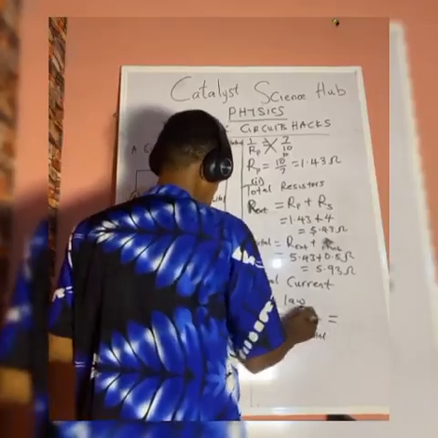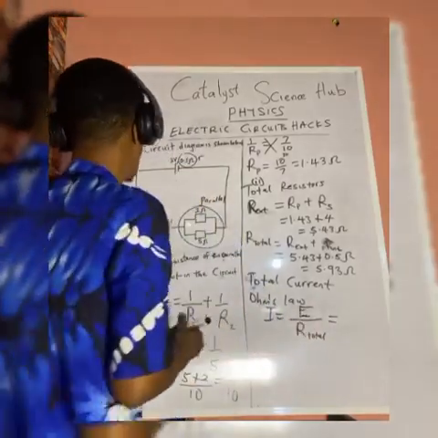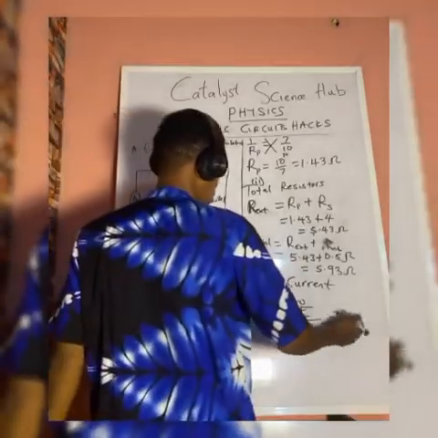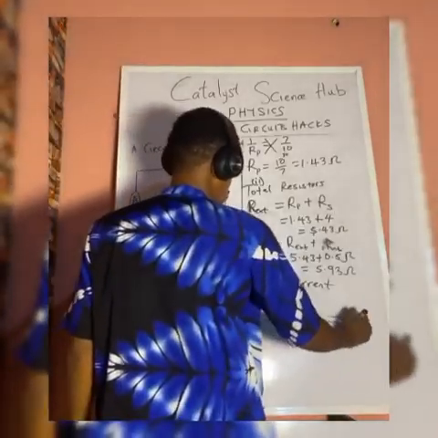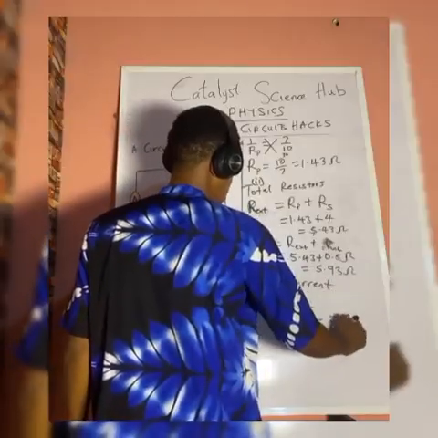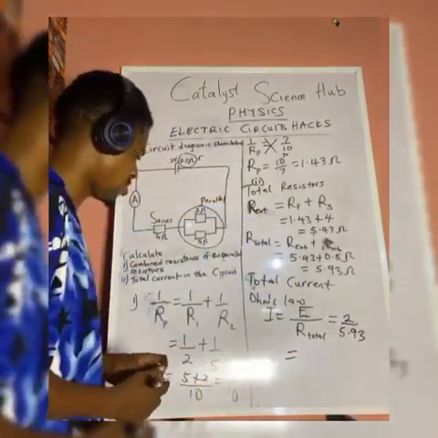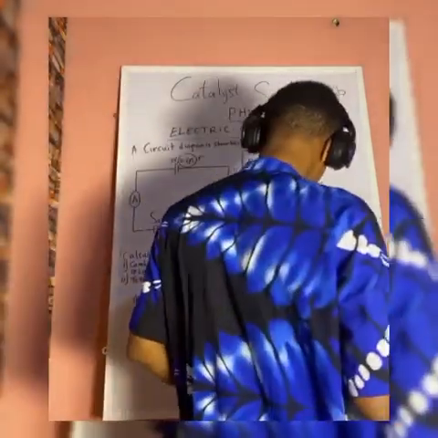Our E, the volts, is 2, and R total is 5.93.